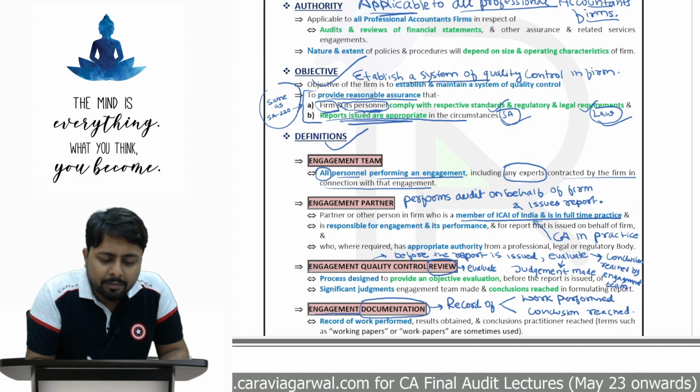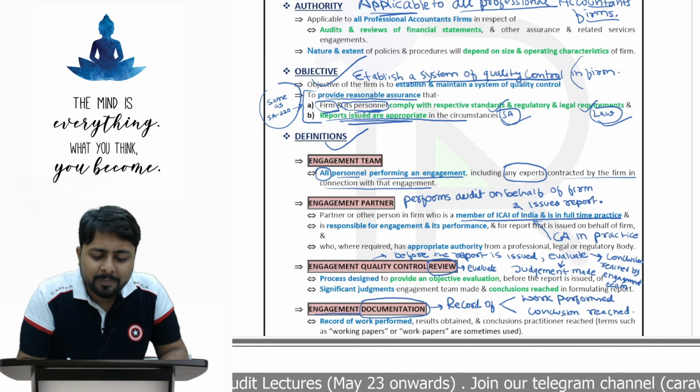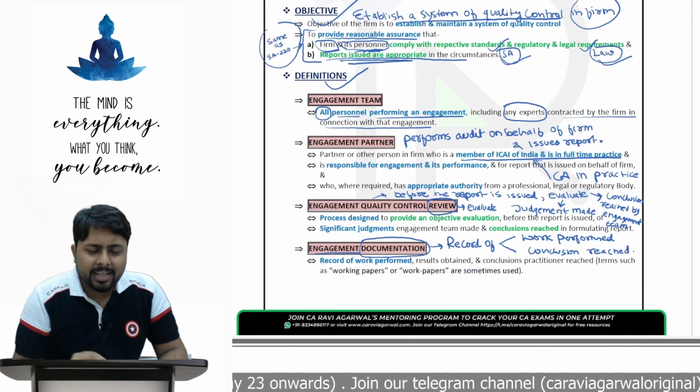SQC1 establishes a system of quality control. Where does it establish it? In the firm.